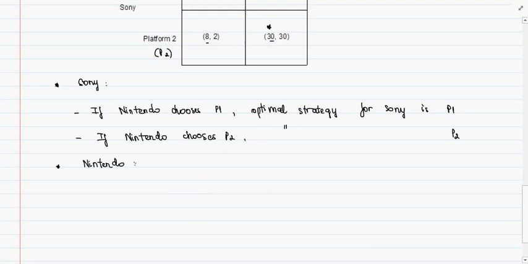Now we find the optimal strategy for Nintendo. Again we ask ourselves, if Sony is choosing platform 1, what is the optimal strategy for Nintendo?